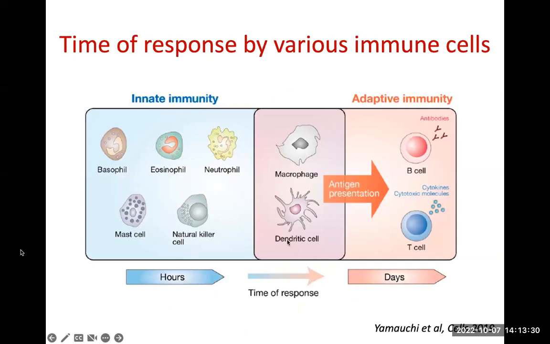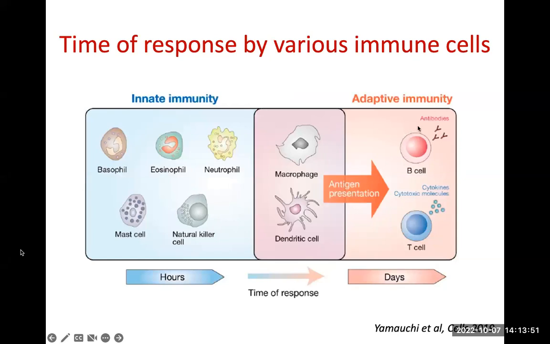So another thing that I wanted you to appreciate is initially, remember we said that innate cells are the ones that take place in the earliest immune responses because they are ready. They don't require any education. They are fully equipped to fight any invader.